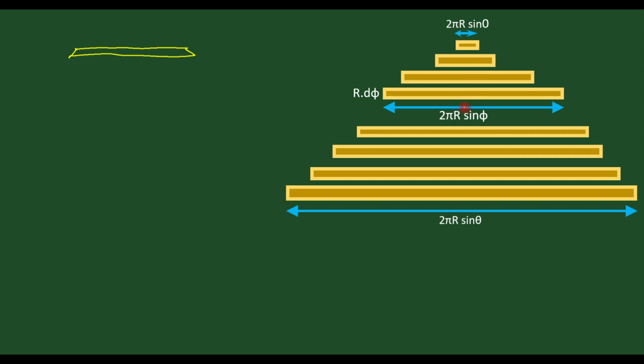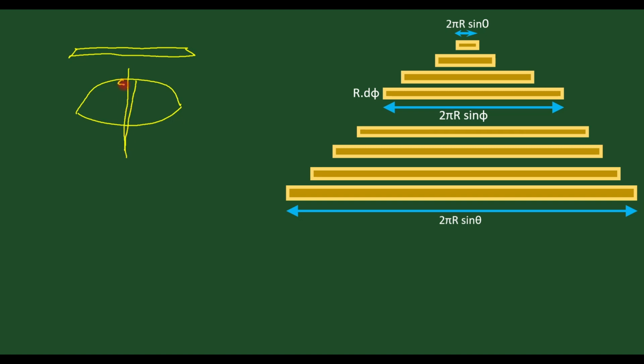So we'll have to add all these areas, but manual addition is not possible here since there is a variable, which is phi. Phi, the angle, is variable. We are measuring angle phi with respect to this line.